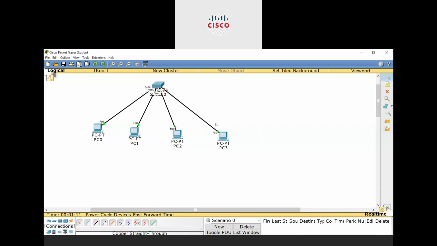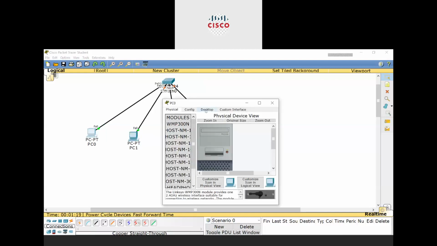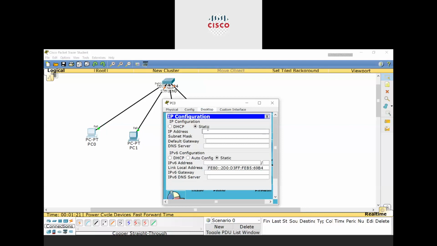Okay, so I have connected 4 devices. So let's come to the IP configuration part. Let's set the IP. Now I have 192.168.1.1.